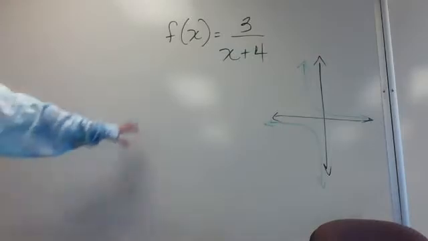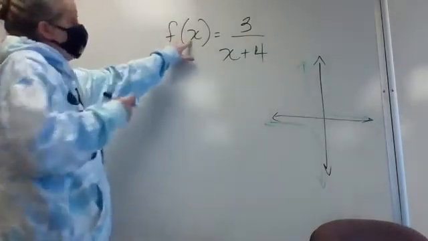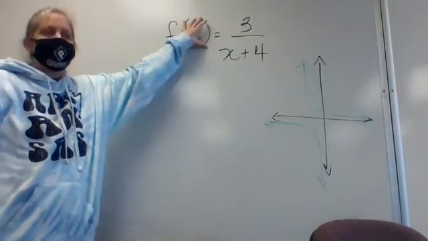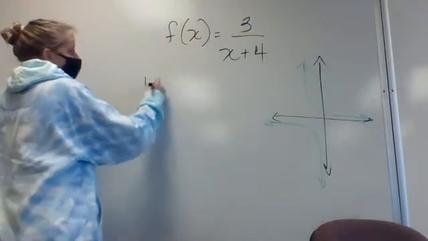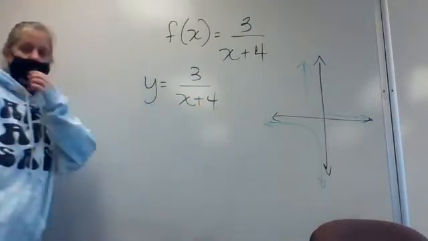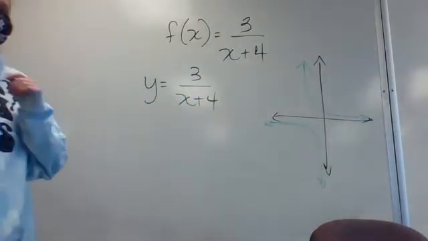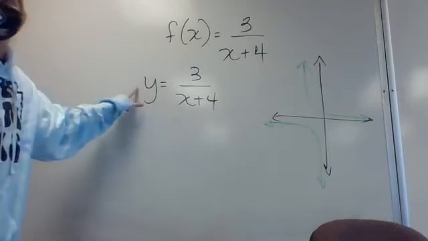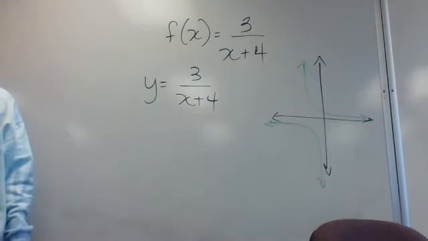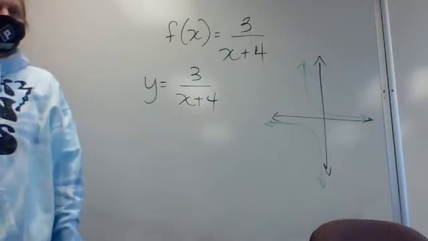So the steps to finding the inverse of this function is to rewrite it with this being a y, right? Because f of x and y are the same thing. So you have y equals 3 over x plus 4. Once you rewrite it with the y, you're going to invert your x and your y. So wherever you see a y, you're going to put an x.